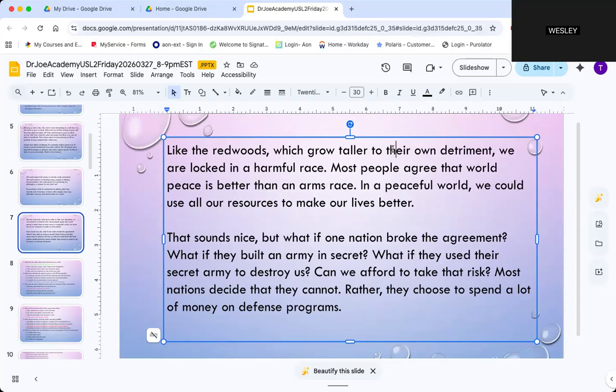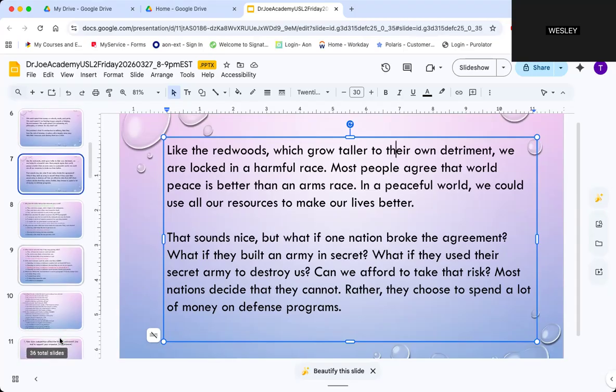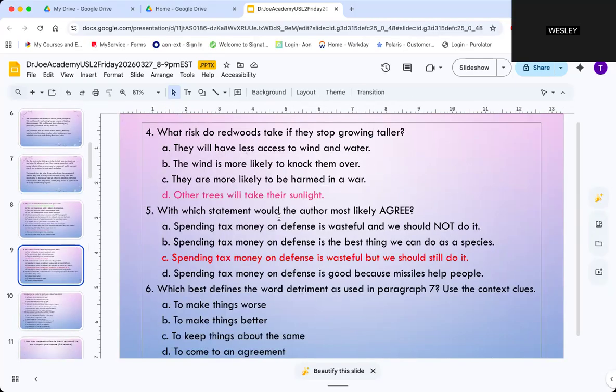Most people agree that world peace is better than the arms race. In a peaceful world, we can use our resources to make our lives better. So what do you think it is? I want to see the question again. Yeah, right here.